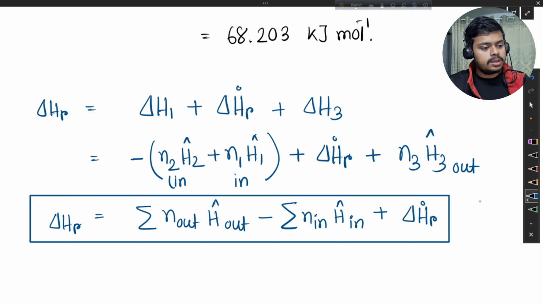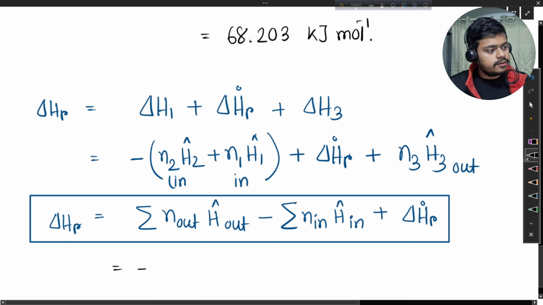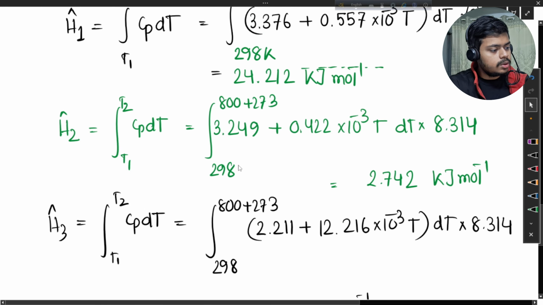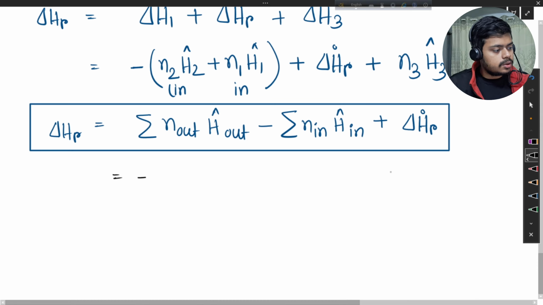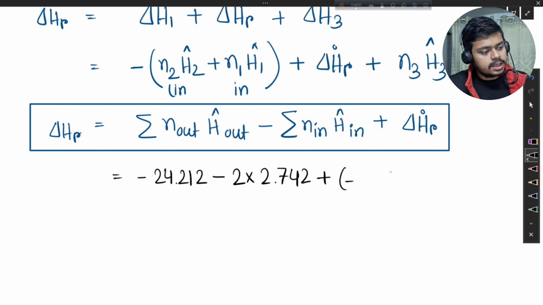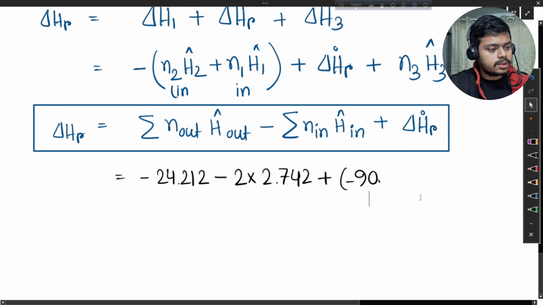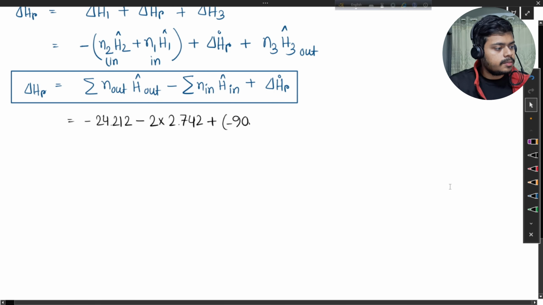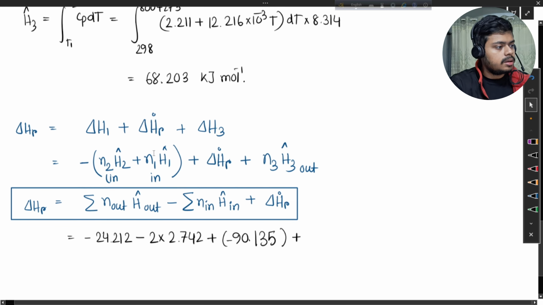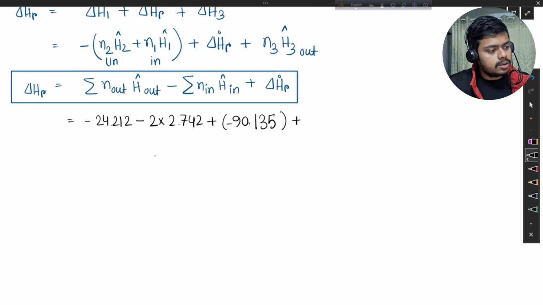So what's going to be the total heat of reaction? The input enthalpy values were 24.212 and 2.742. So negative 24.212 minus 2 times 2.742, plus the heat of reaction value, which was minus 90.135 kilojoules, plus the output enthalpy, which was 68.023.